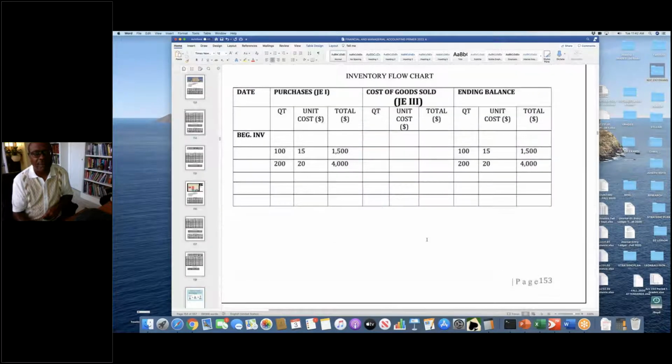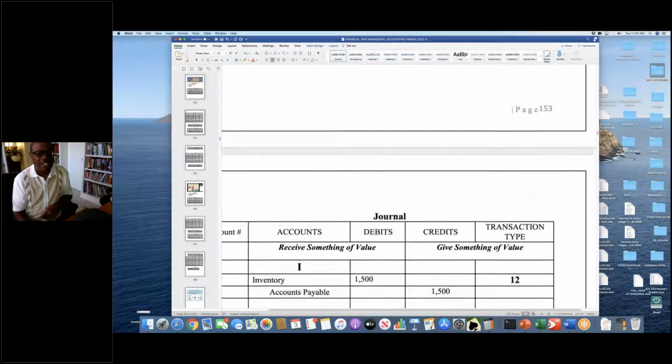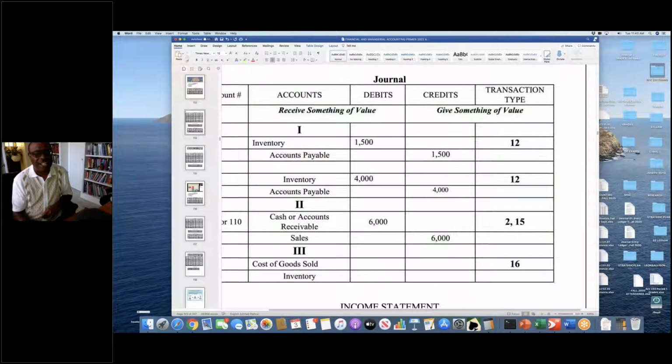In the chart, we're probably gonna... the cost of goods sold. Didn't I just tell you? Journal entry 2 doesn't go on the chart.